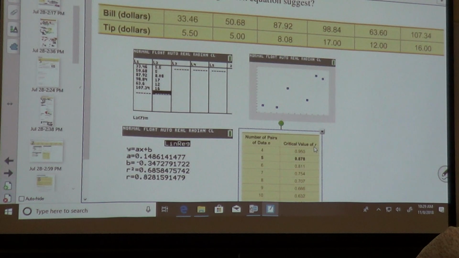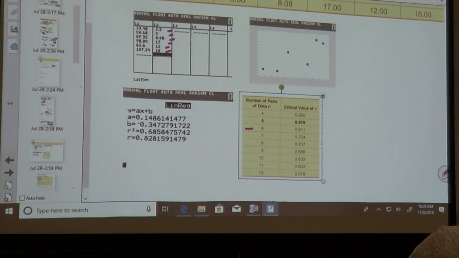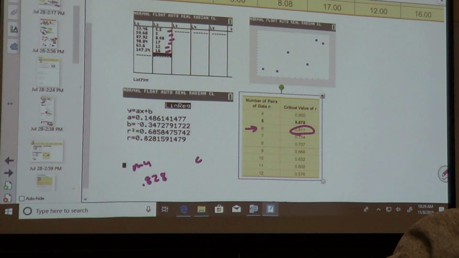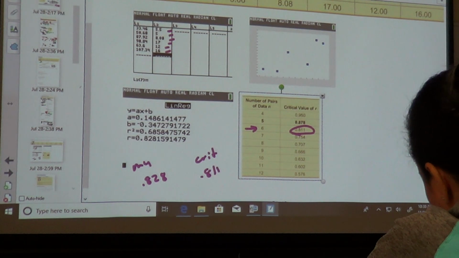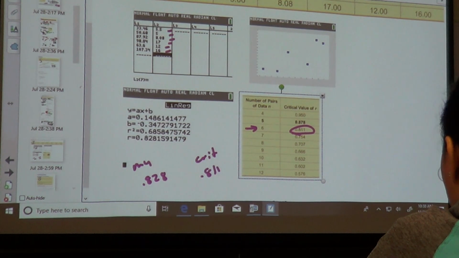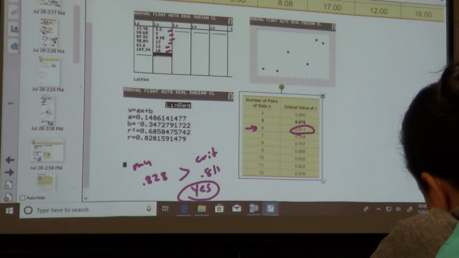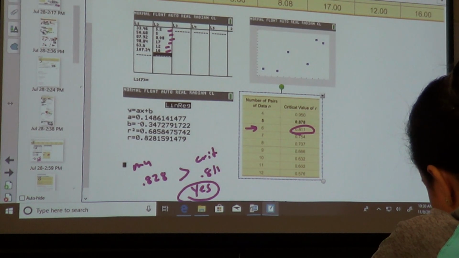How many pieces of data do we have? 1, 2, 3, 4, 5, 6 pieces of data. So we are looking here. So this is what we're comparing our R value to. So my R value is 0.828, and the critical R value is 0.811. So is this a good linear relationship? Yes. It is a good linear relationship, which means I would trust this equation.